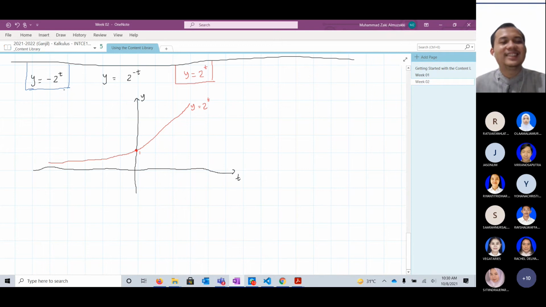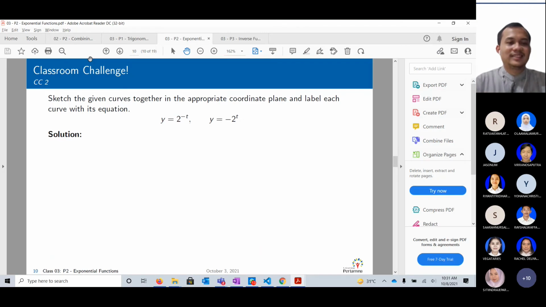reflection. So if we multiply 2 power t by minus 1, is it a reflection across the t-axis or across the y-axis? Across the y-axis.